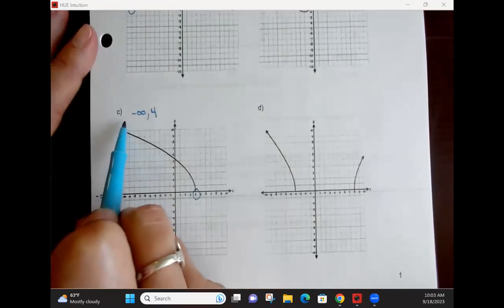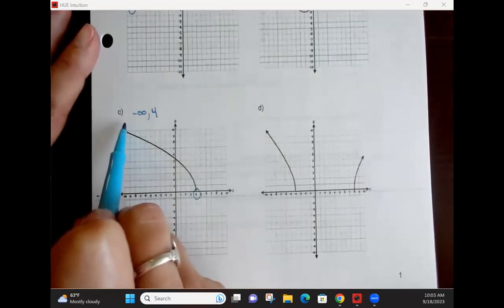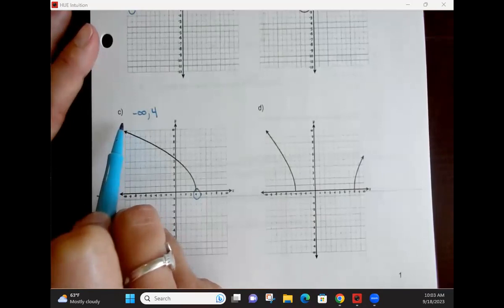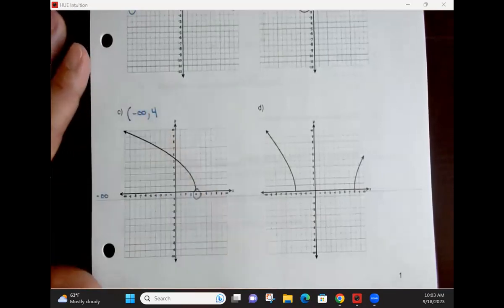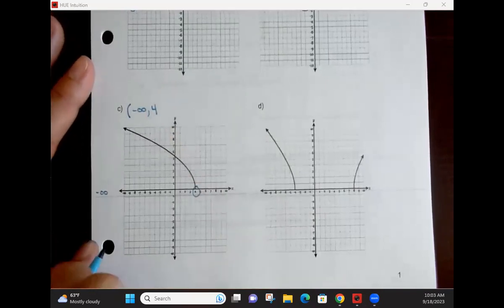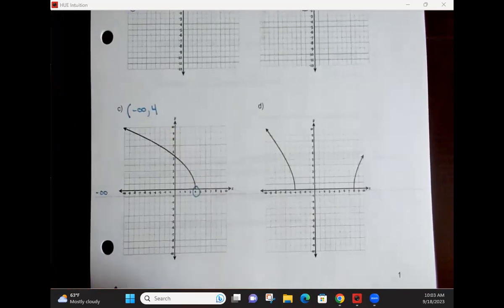Parenthesis or bracket on the negative infinity side? Parenthesis. Infinity is always a parenthesis because can I actually put my finger on infinity on a number line or on an axis? If I'm on Desmos and I have it graphed or I'm on my calculator, can I scroll far enough and eventually see infinity?